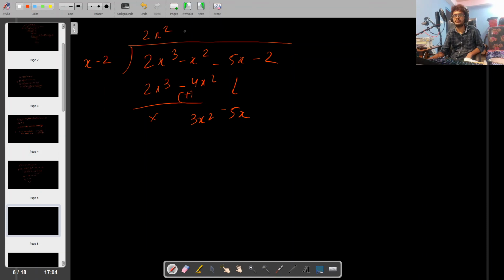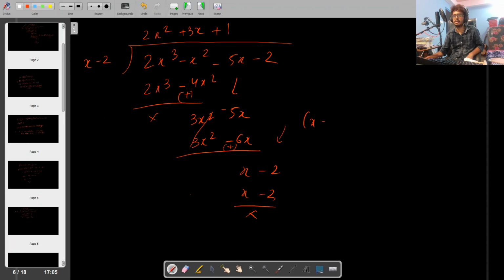Multiply x minus 2 with 3x, you get 3x square minus 6x. So this will be 0 again. Plus and minus will be x minus 2. Bring the negative down. So x minus 2 ones are x minus 2, which is 0. So the expression that you get is x minus 2 into 2x square plus 3x plus 1.